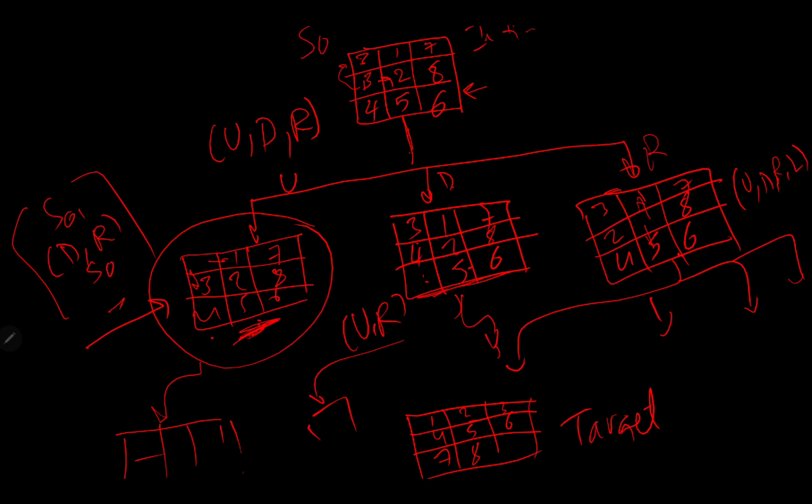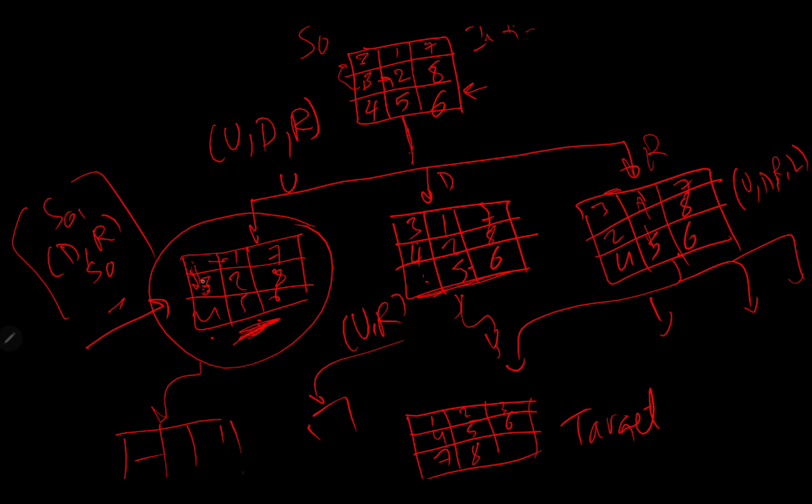But it is important to remember, now we are here, and this is the blank, and from the blank actually we can go down. If you go down, now what happened?